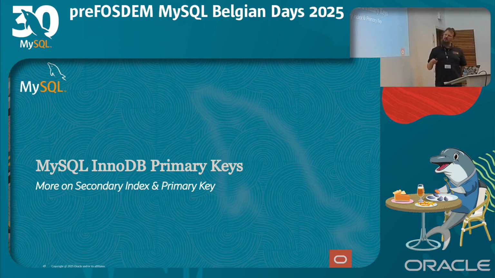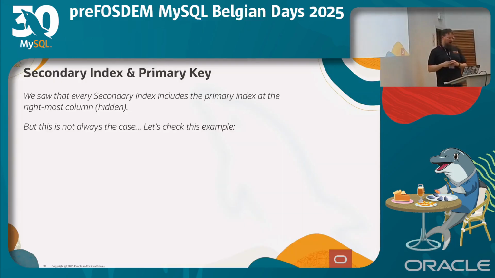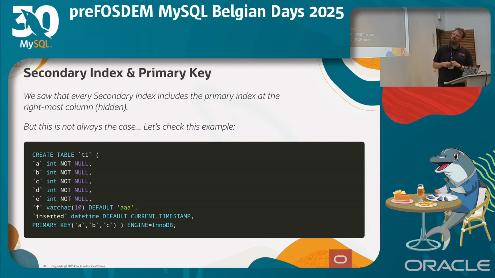So let's talk even more about secondary indexes and primary keys. We saw that every secondary index includes the primary key as the rightmost column, but this is not always the case. So let's have some fun again and look at this table.